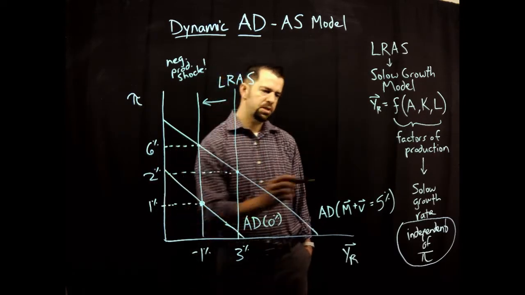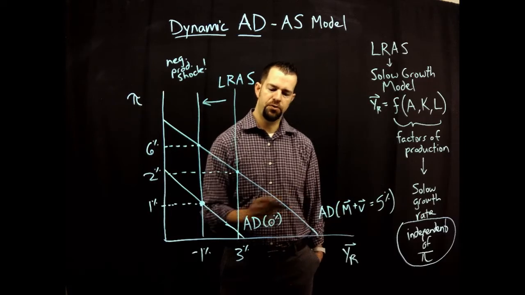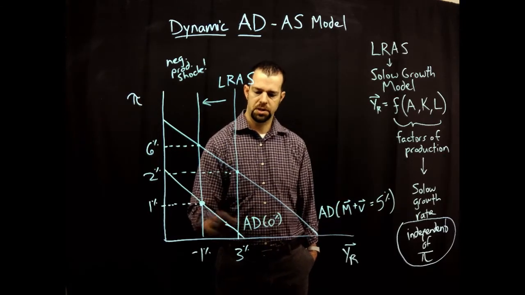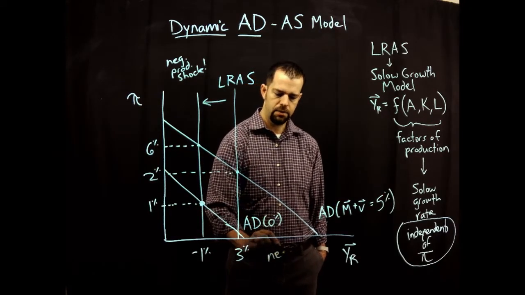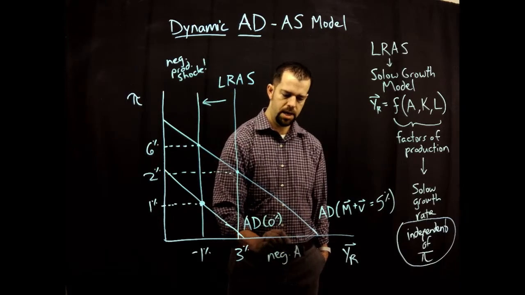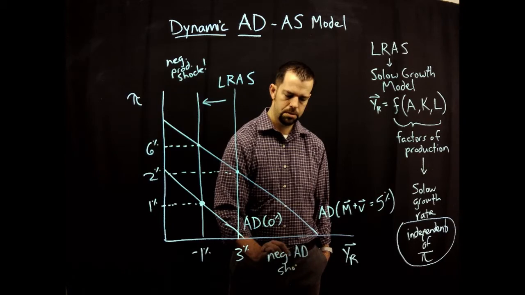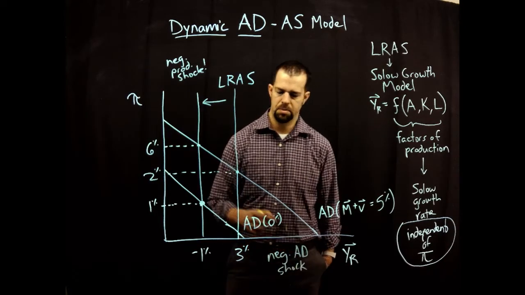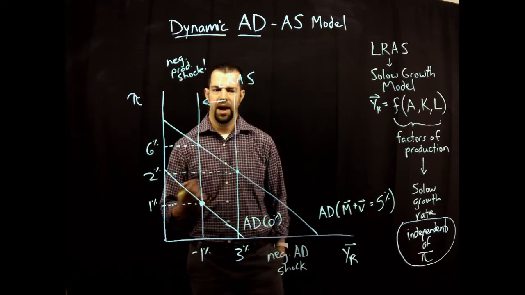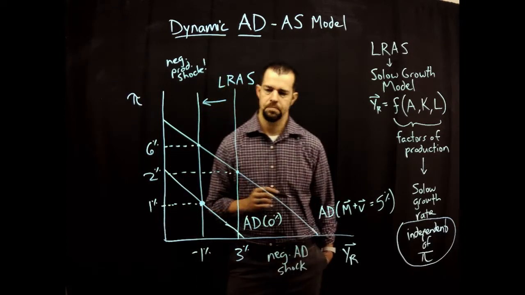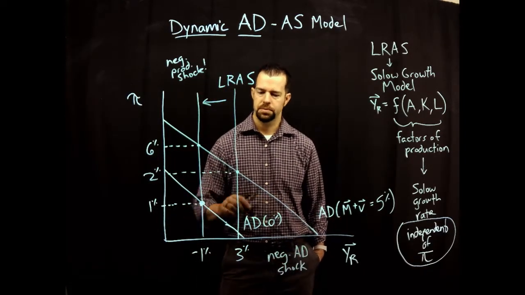And so given that we had a spending growth rate of 5% before, we would still call this a negative AD shock. Or maybe it might be better to say it's a negative aggregate demand response. All right. So what happened here?